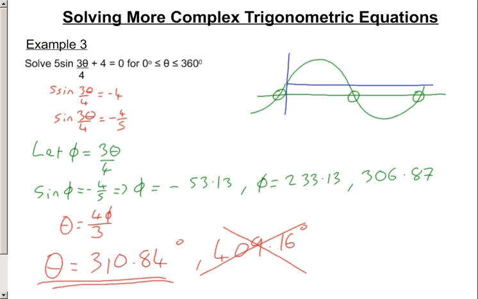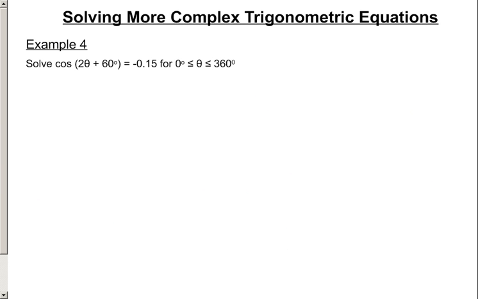Finally, let's look at example 4. This time we've got 2 theta plus 60 within the cos. And we're going to do the same kind of thing here. Rather than sketching cos of 2 theta plus 60, which we are able to do, we're just going to go the more ad hoc way.